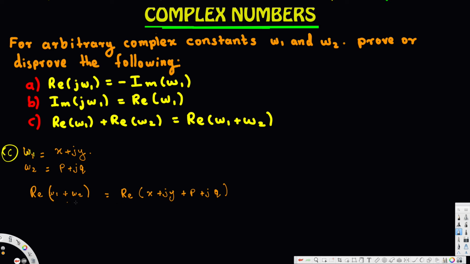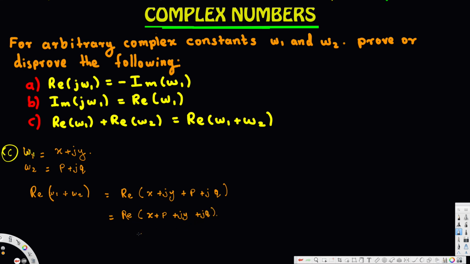Now let's try to simplify this. We can bring all the real parts together. Here we have two real parts: x and p are real parts, jy and jq are imaginary parts. So x + p + jy + jq.